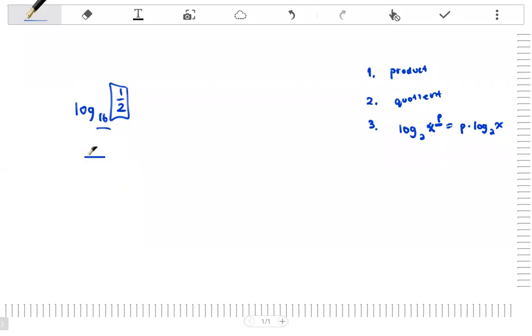Right. Okay, so when we have a number that we can't change into the base again, wait, is this right?